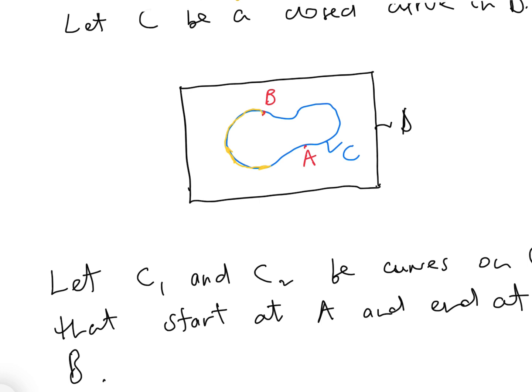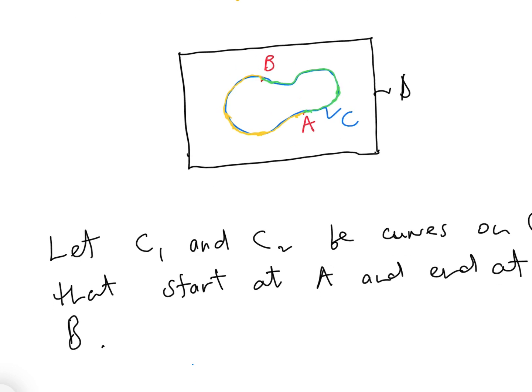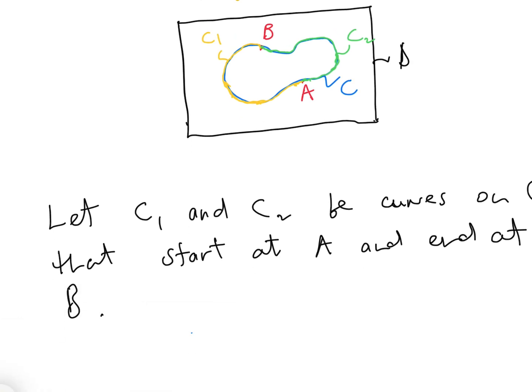It starts at A and it ends at B. And we have another curve here, C2, which is also a curve that lies on C that starts at A and ends at B. So this over here is C2, and the yellow curve is, of course, C1. These two curves both make up the closed curve C.